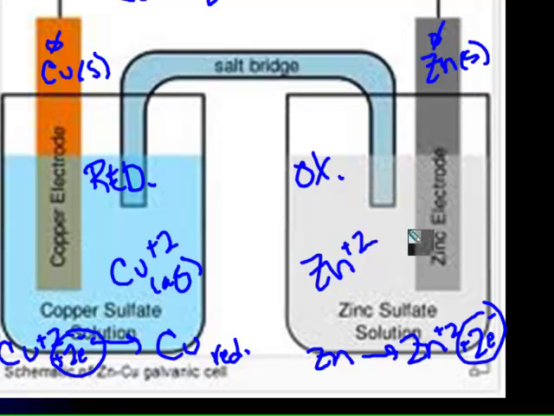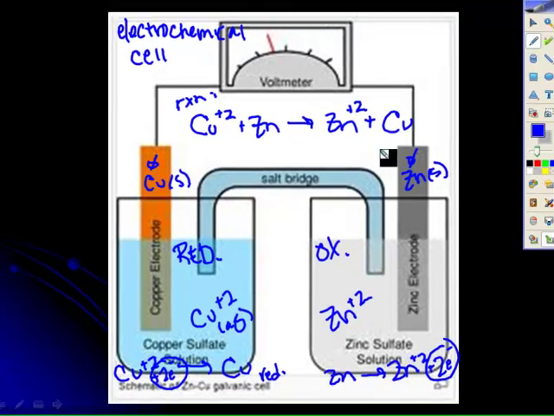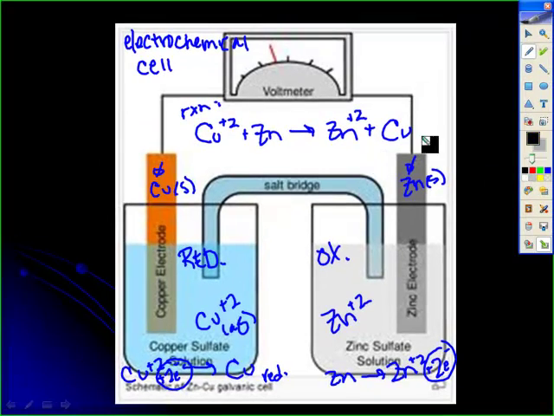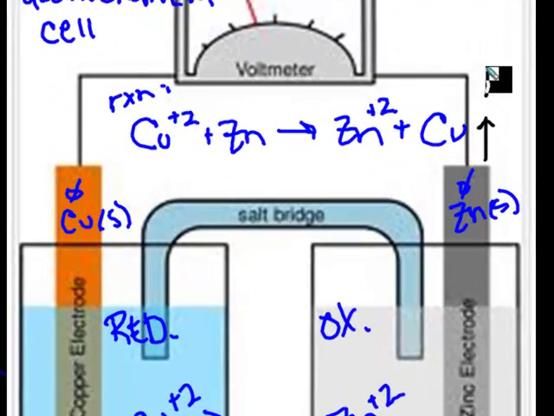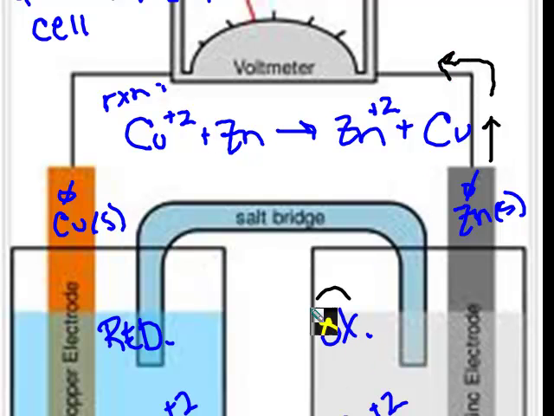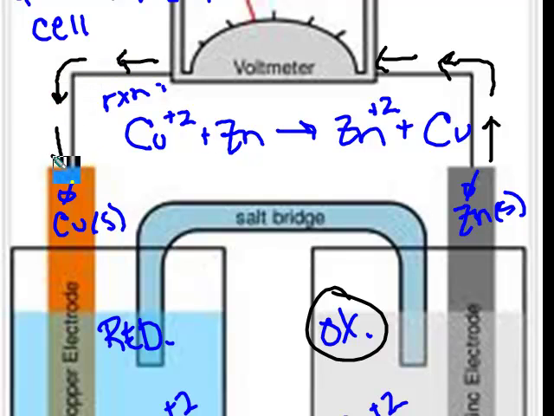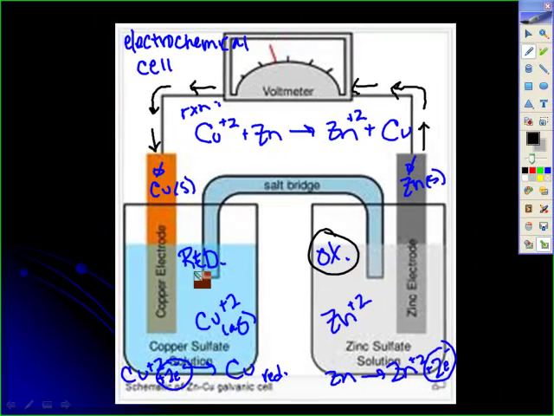So Zn is becoming Zn +2 in this situation, which means your electrons are going to be flowing this direction from what is oxidized into what is reduced. So if the electrons flow this way, then the copper +2 will be able to become copper. So those electrons will be used to make this Cu +2 become copper.